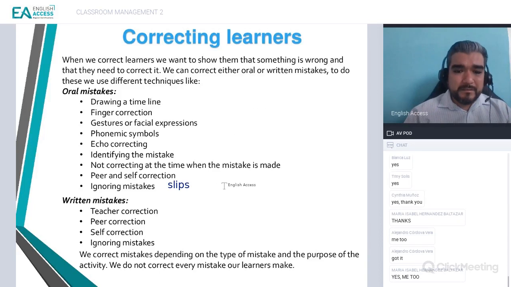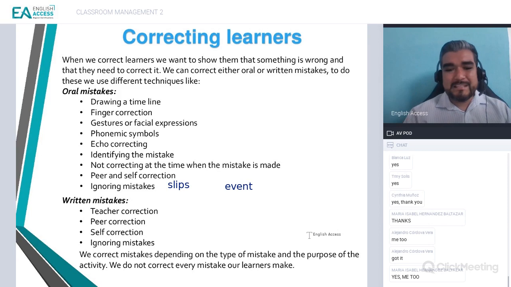For example, a student made mistakes with this word. She says, what does she say? She says, event? No, the event. She always says the event.